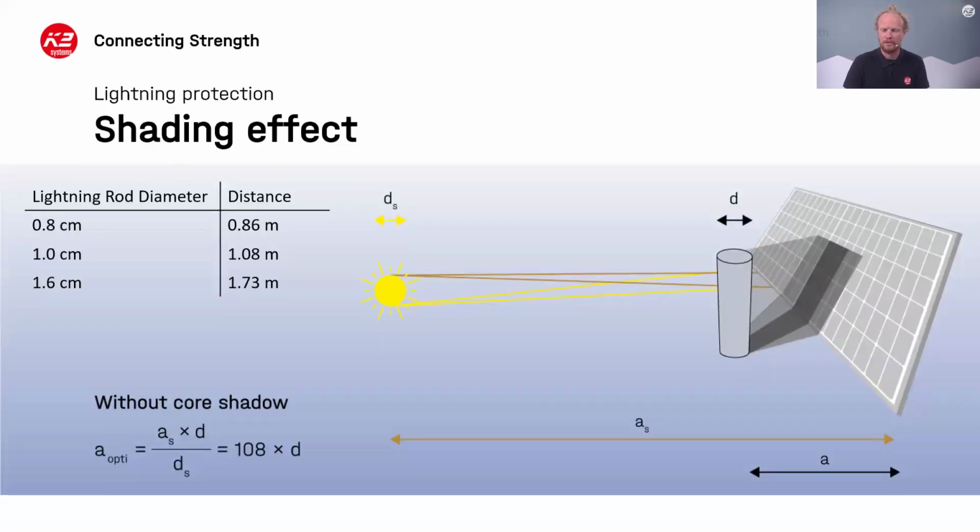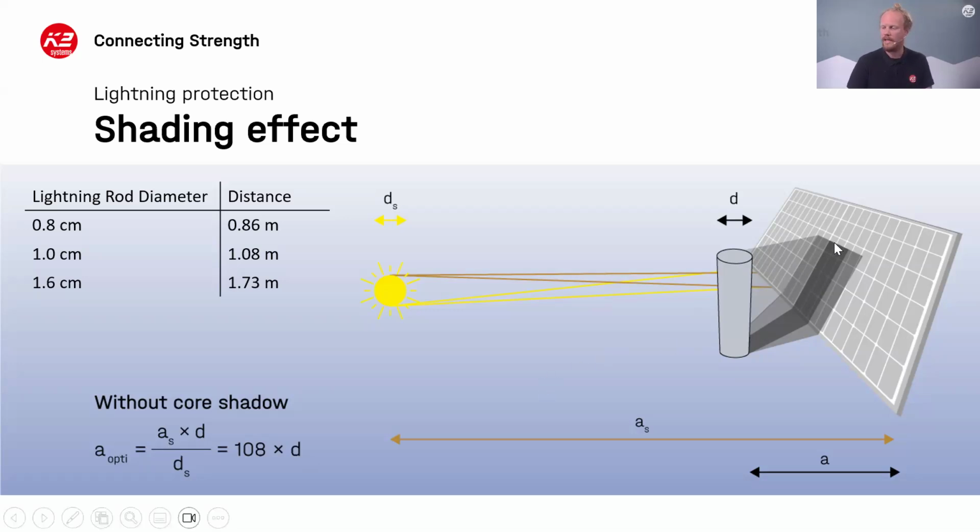So another part to consider is the shading effect. Obviously, if you put a rod on the roof, it's going to have some shading, and this is going to impact the power output or the energy output of your PV. As a bit of a general rule, the optimal distance is going to be 108 times the diameter of the rod.